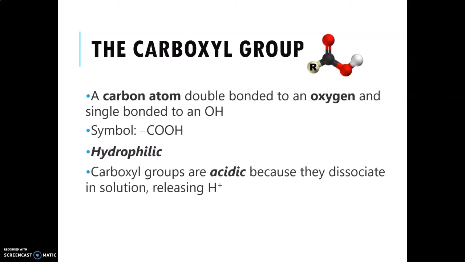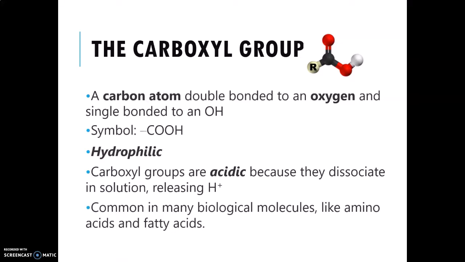And this also is going to be an acidic functional group. Sometimes it's actually called carboxylic acid. Remember from your water notes, acids release hydrogen ions in solution. So if you were to dissolve a molecule with a carboxyl group, this hydrogen would leave and start to float around in the solution, and that's what makes it acidic.